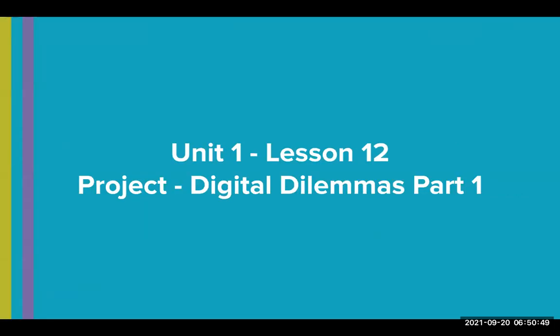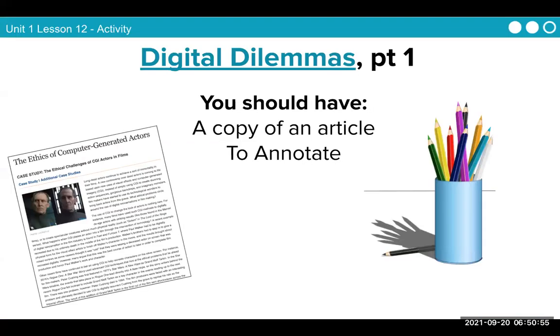Unit 1, Lesson 12. Our project is Digital Dilemmas Part 1. What we are going to be doing is counting off by 1, 2, 3s. There are 3 different articles: a 1, a 2, and a 3. As we count off, you will be looking at Article 1, 2, or 3.